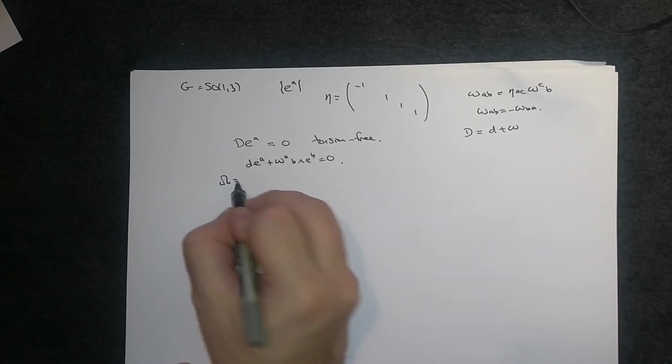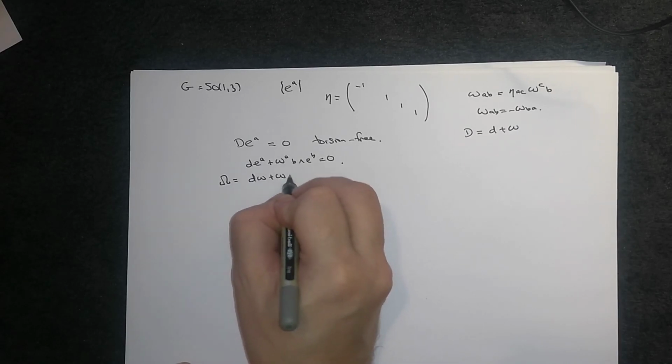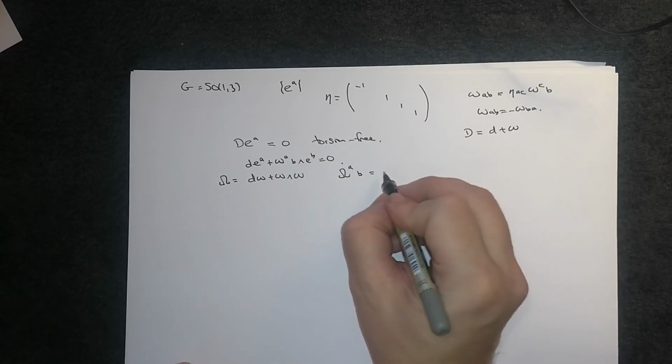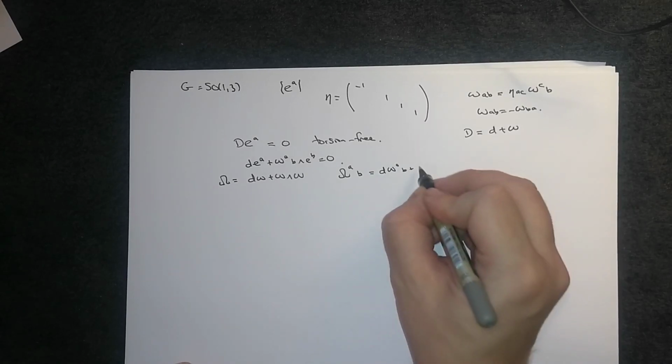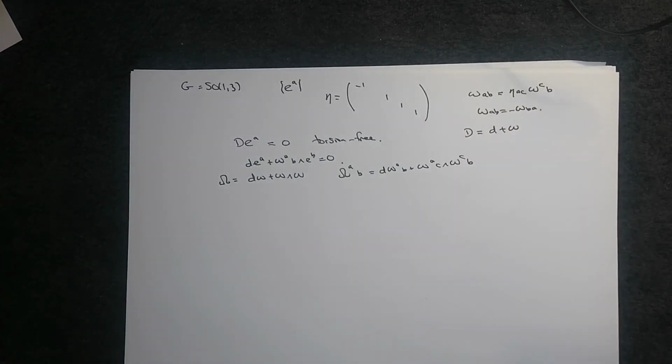Let R be the curvature. So that's d omega plus omega wedge omega, or in components, d omega^A_B plus omega^A_C wedge omega^C_B.